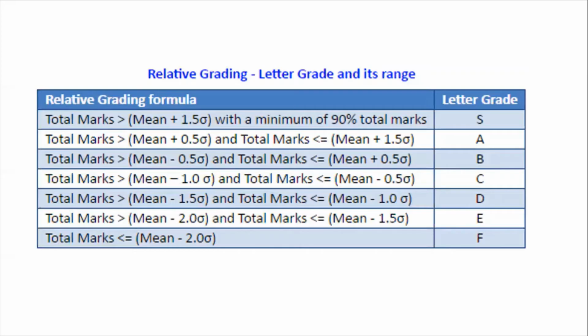For example, here, this is a relative grading example. Usually, the highest grade example here is S, and it is 90% of the total marks. So you can have something like this for your relative grading.